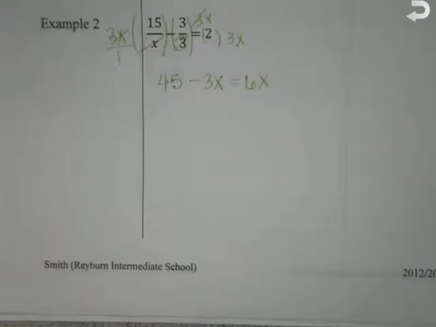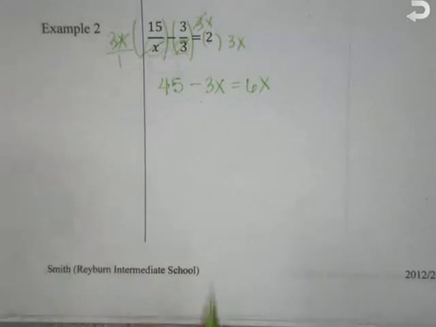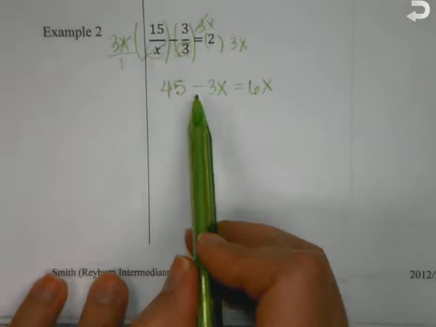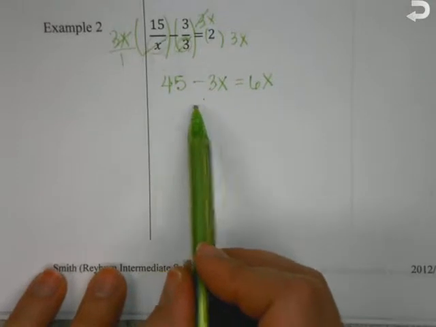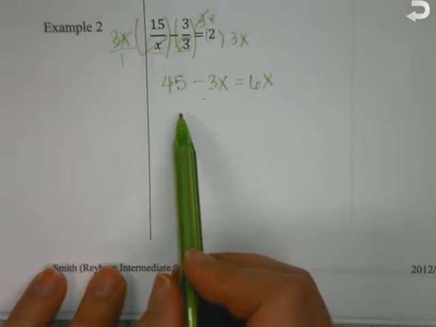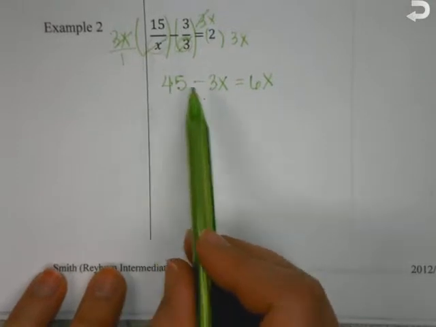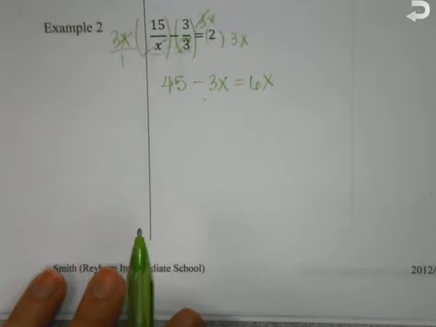Okay, to solve this, let me pull a stick. What would I do? Who is 26? Oh my god. What do we do next? Yep. Next, we have 45 minus 3x equals 6x.